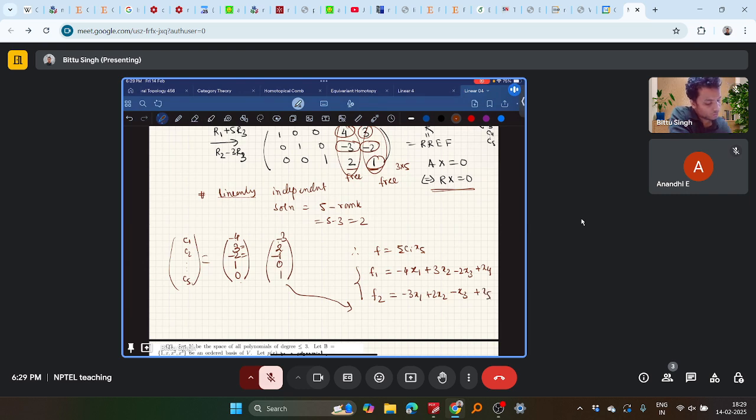Those are two possible solutions. There are more solutions, but everything can be determined as a linear combination of these two.